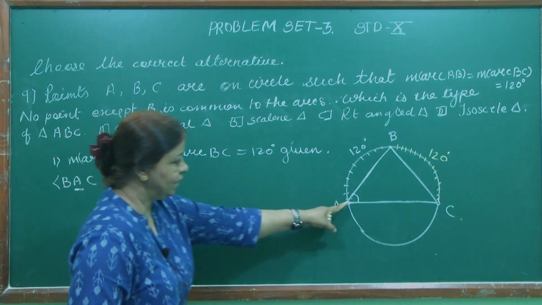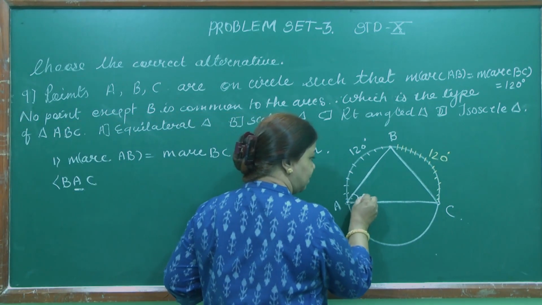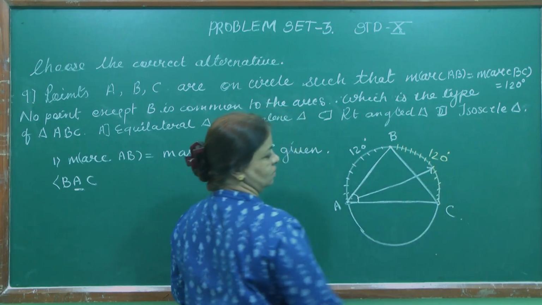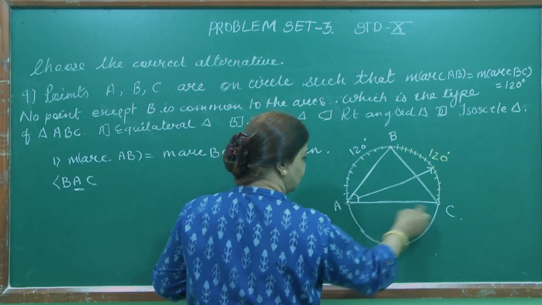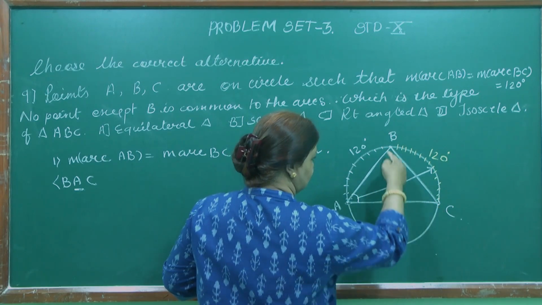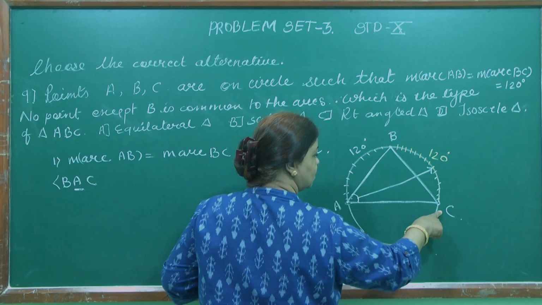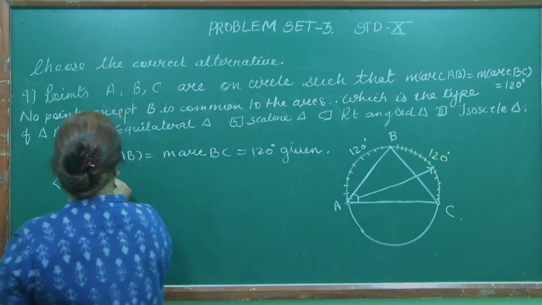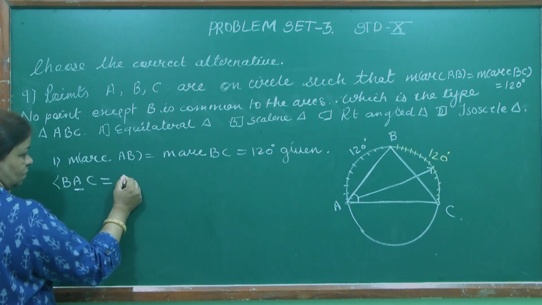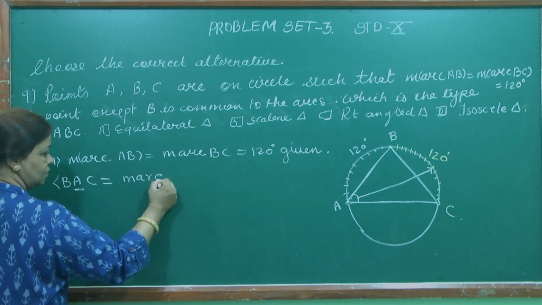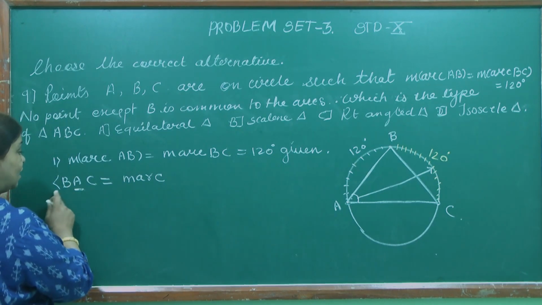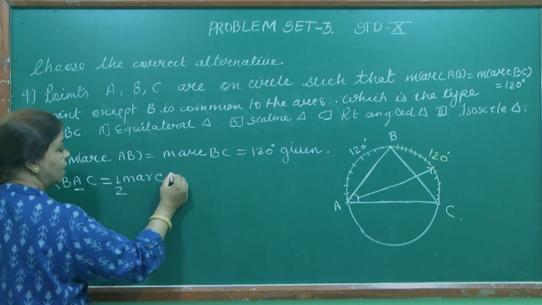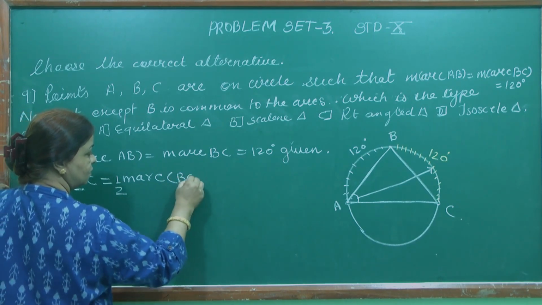Angle A, the middle one, is intercepting this arc, covering this arc, and it is inscribed in this arc BAC. Therefore, by the inscribed angle theorem, angle BAC will be half of the measure of arc BC.